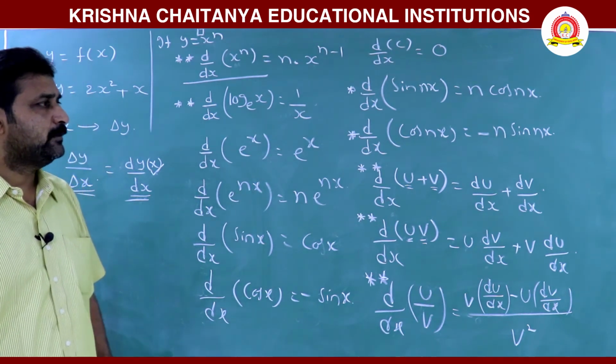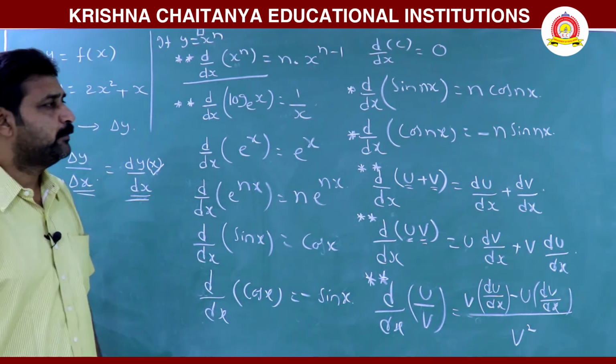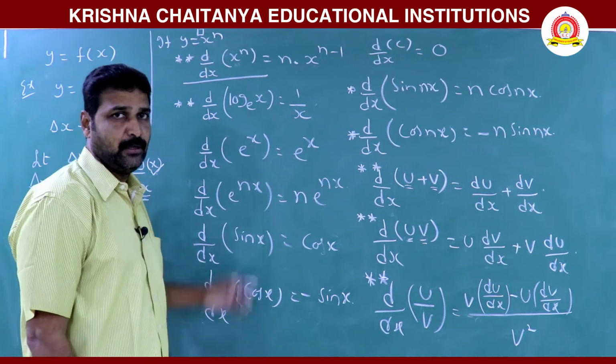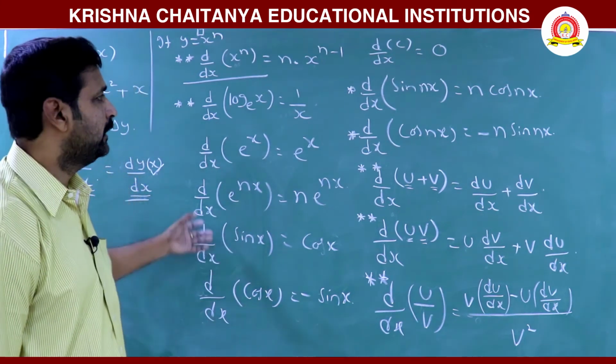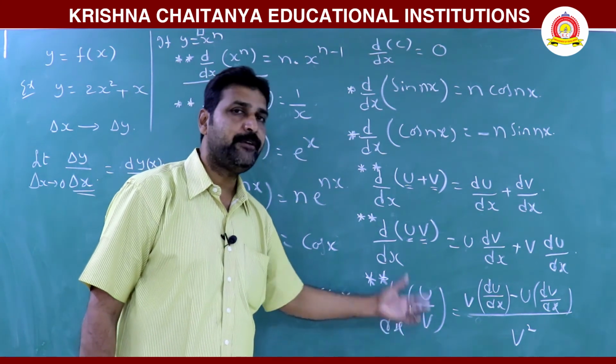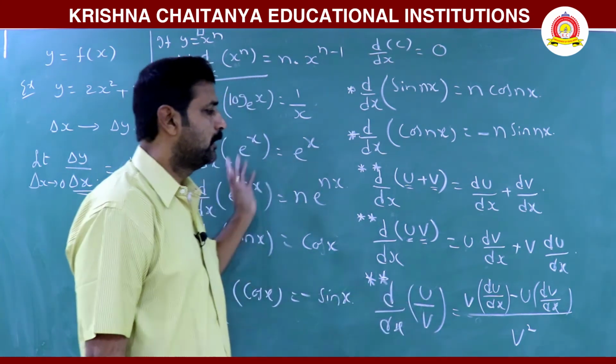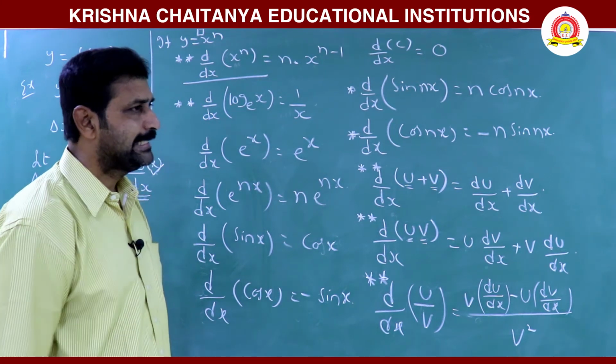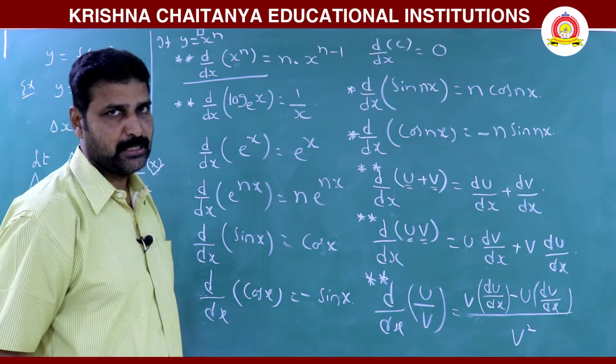Again, we can go for d by dx of tan x, cot x, secant x. Based on this d by dx of u by v method, we can solve those formulae, which will be discussed in the next class. Okay.